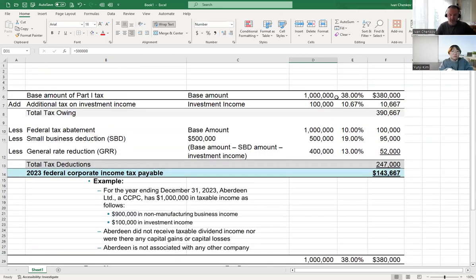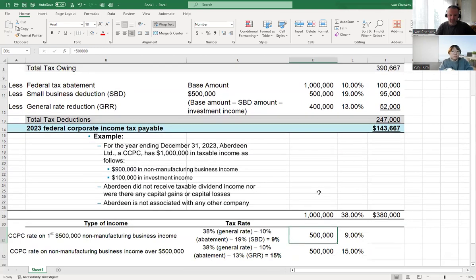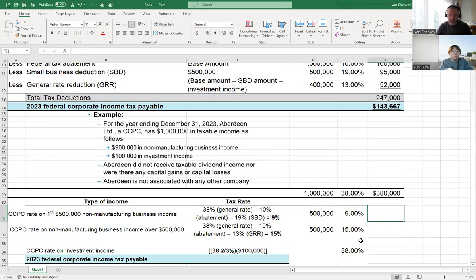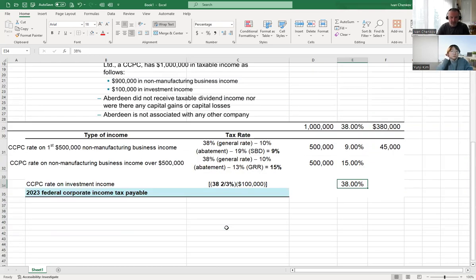But we should get the same result naturally. Okay, let's forget it. Let's continue with the slides and move back to slides.